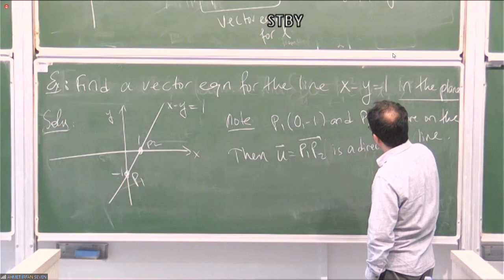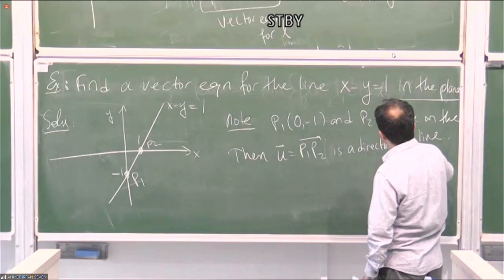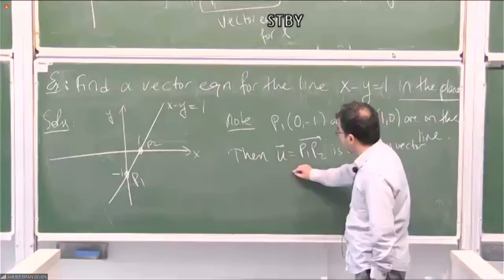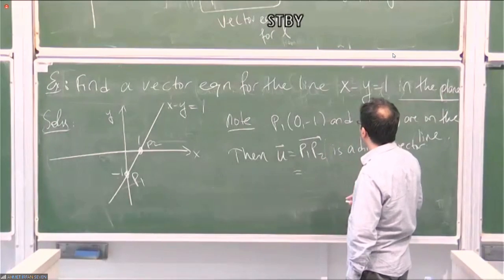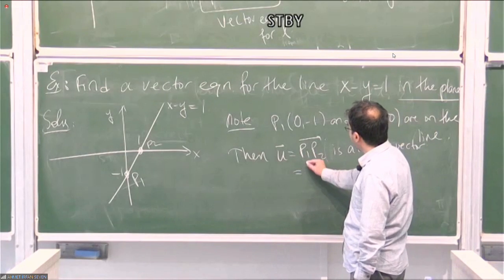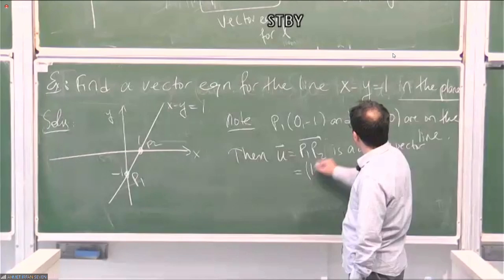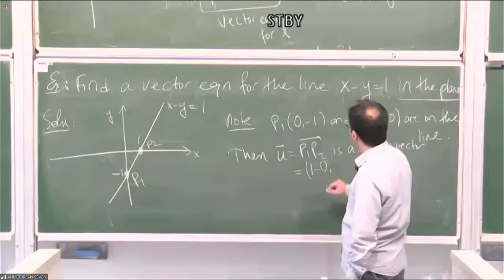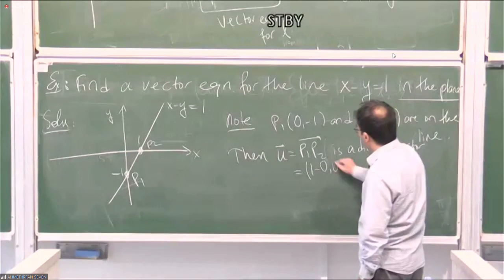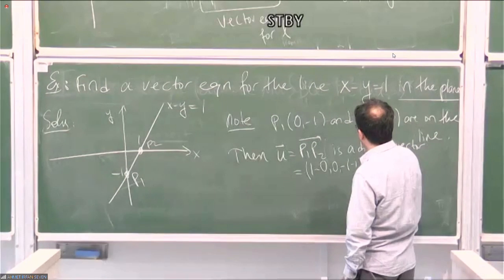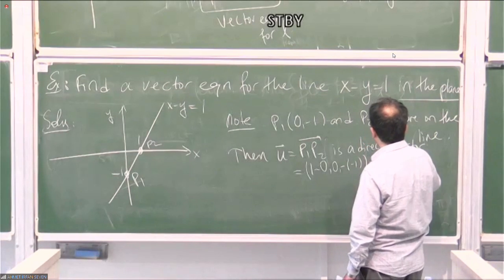Let's write the components of this direction vector. What is P1P2? It will be P2 minus P1. So 1 minus 0, 0 minus (-1). So (1, 1).